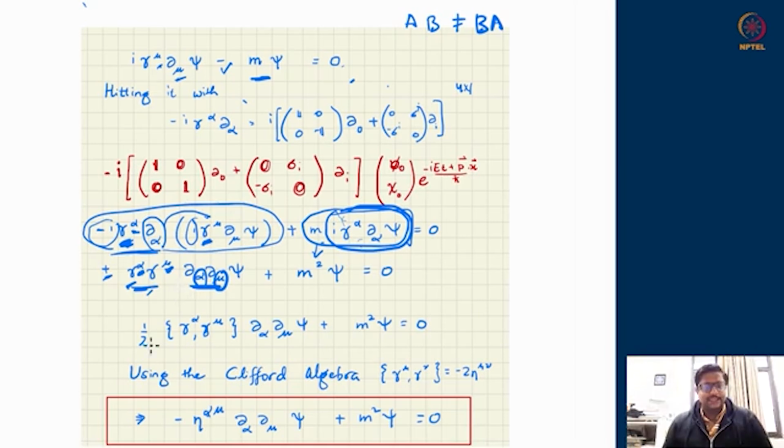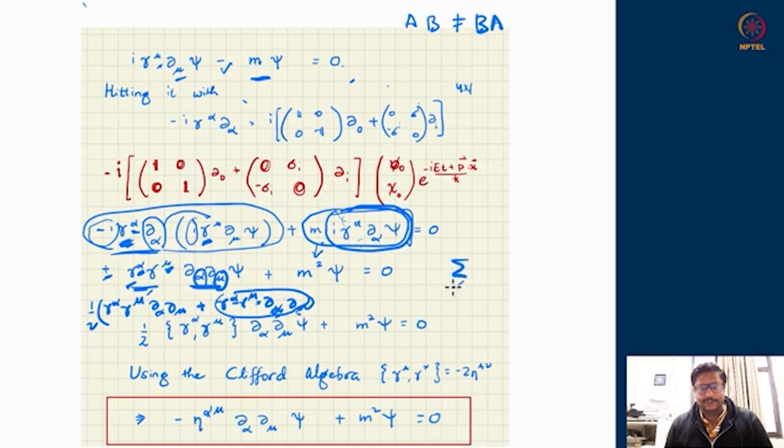So that means I can write it in a nice way, that it is gamma alpha gamma mu del alpha del mu plus 1/2 of this. The same thing again, gamma alpha gamma mu del alpha del mu. The same thing I can write, right? Where alpha and mu are being summed over. Now in the second term, I can do a relabeling.